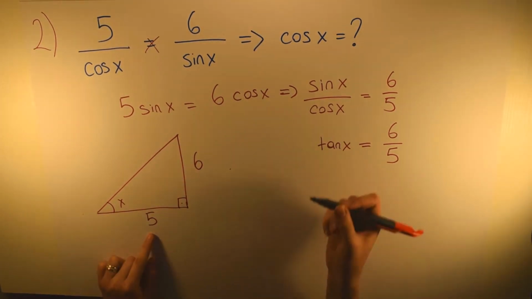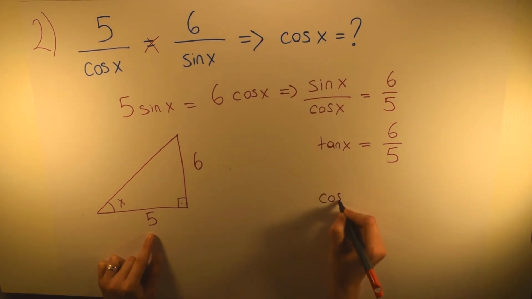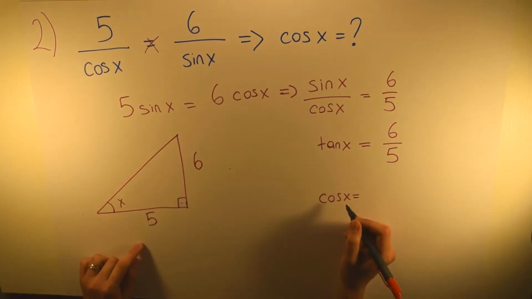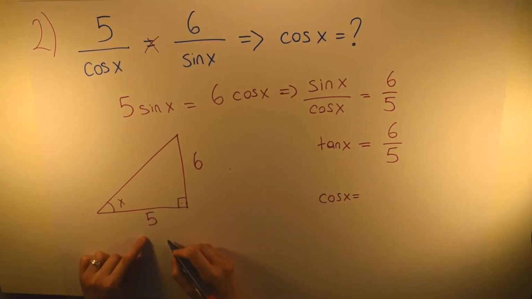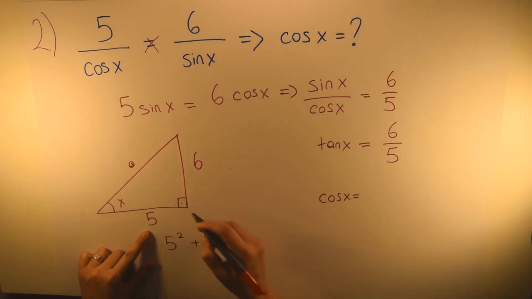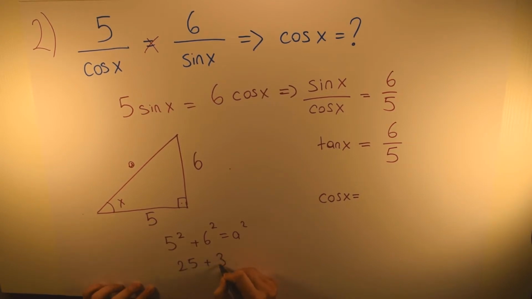What is asked in this question? Cosine x. To find cosine x, I need the value of the hypotenuse. How can I find that? I know the formula for that: 5 square plus 6 square is equal to, let's say, a square. So 25 plus 36 is equal to a square, and this is 61.